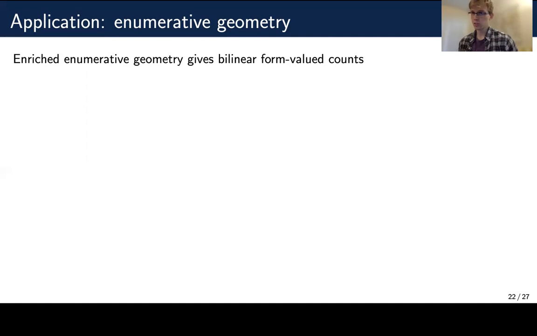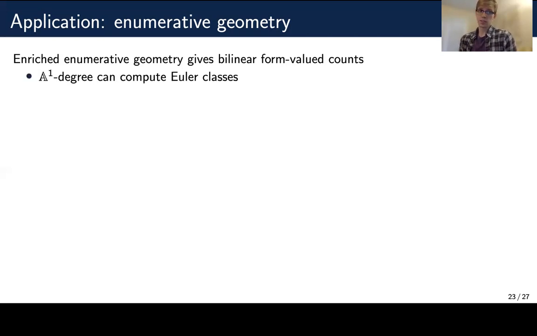And these bilinear form-valued counts carry information about counts over other fields. So taking the rank of your bilinear form should recover complex information, the classical results that you've seen. Taking the signature will recover real enumerative results, which exist in the literature oftentimes. But then other invariants of bilinear forms will tell you enumerative results over fields that typically aren't considered in the literature.